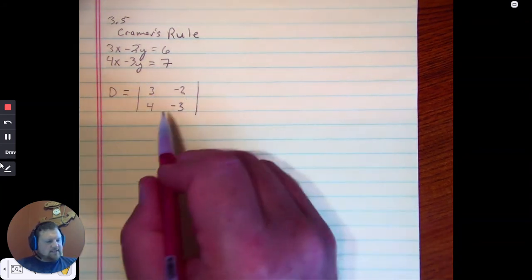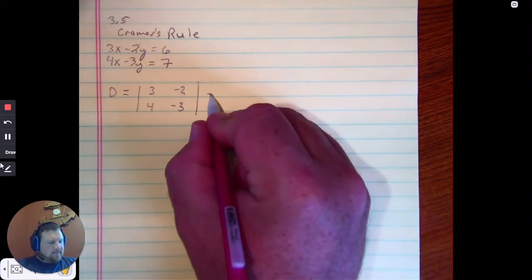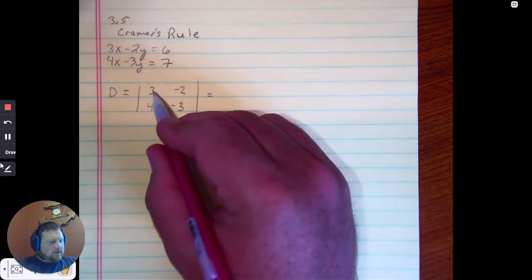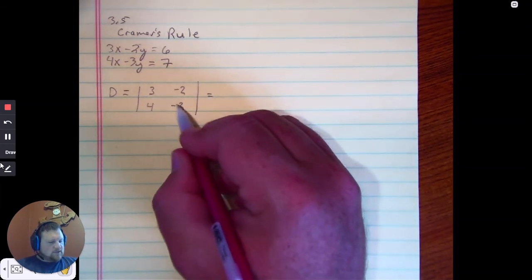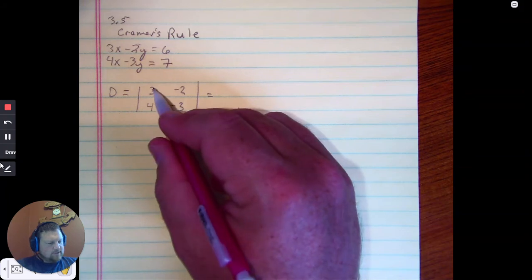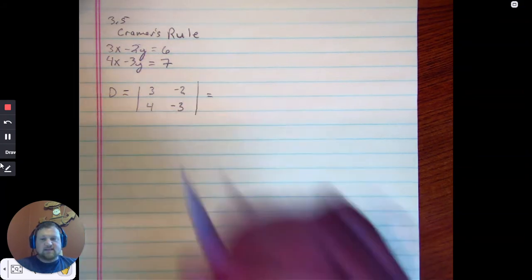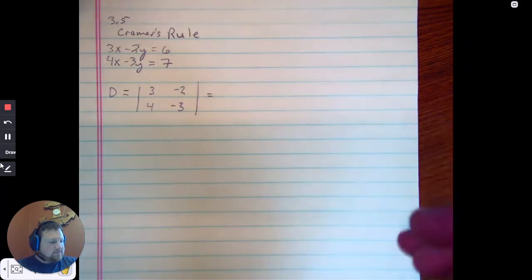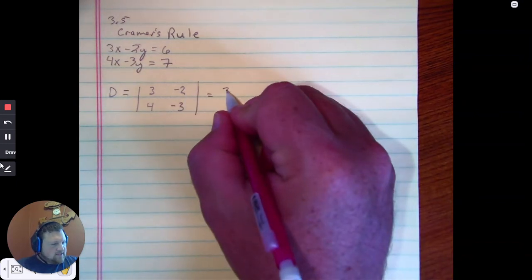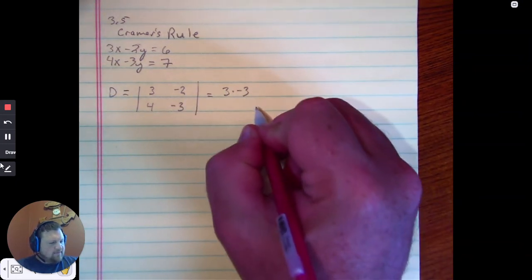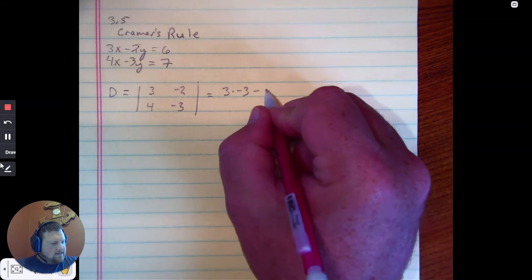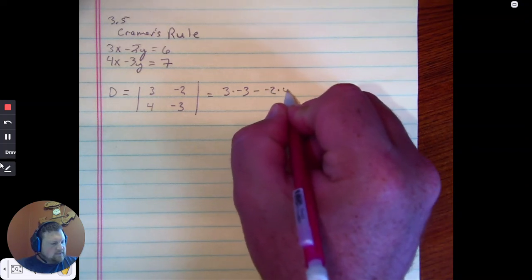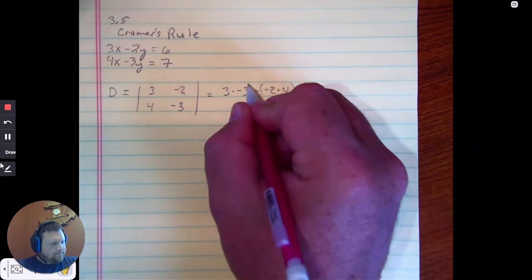Now I am going to find that determinant, where we take these terms and multiply them together. So this was like A and D and B and C, if you remember the old means and extremes in geometry. So this is going to be 3 times -3, and then minus -2 times 4.